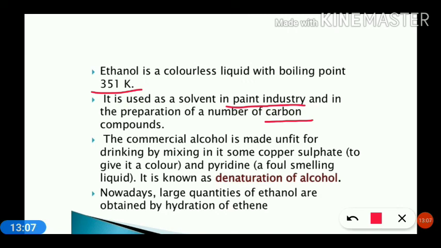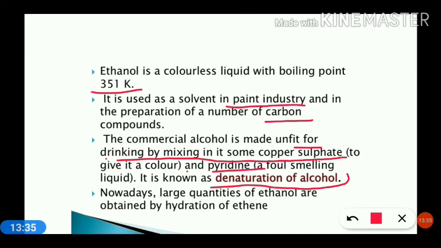Commercial alcohol is made unfit for drinking by mixing it with copper sulfate and pyridine, and this is known as denaturation of alcohol. The term alcohol was previously used especially for ethanol. But you know alcohol is a compound having OH. So denaturation of alcohol means the mixing of impurities in ethanol.